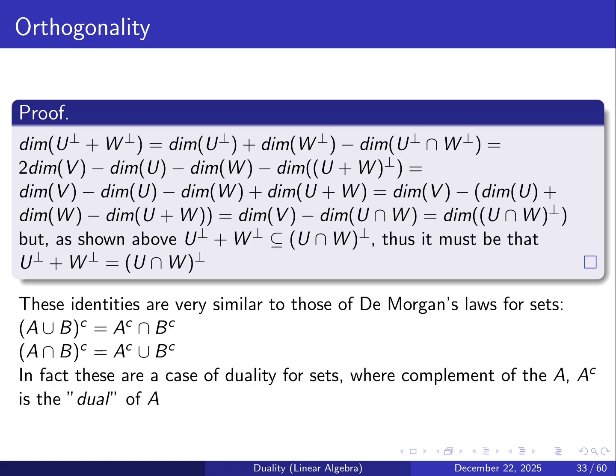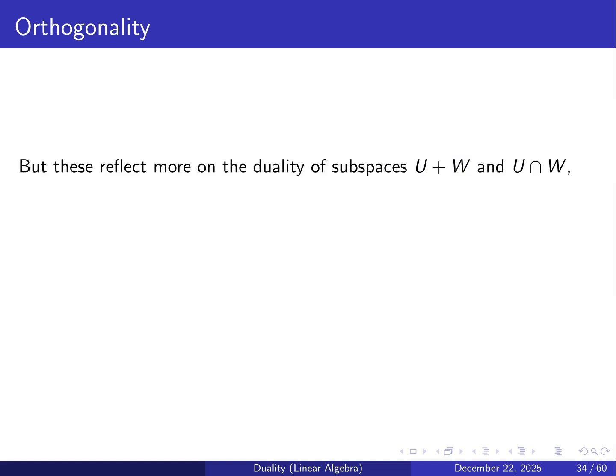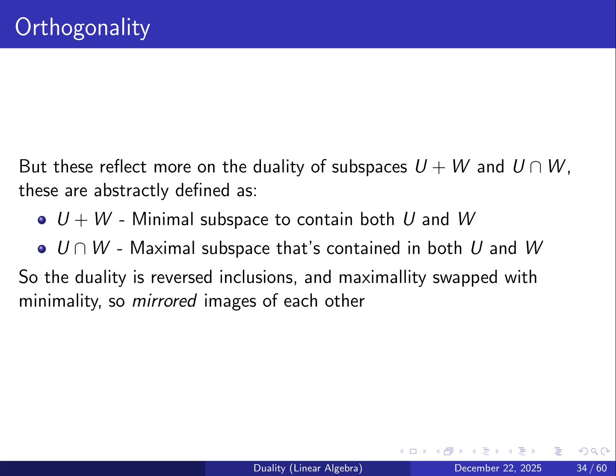In fact, these are a case of duality for sets, where the complement of A is the dual of A. But these reflect more on the duality of subspaces U plus W and U intersection W. Abstractly defined, U plus W is the minimal subspace to contain both U and W, and U intersection W is abstractly defined as the maximal subspace that's contained in both U and W. So the duality is reversed inclusions, and maximality is swapped with minimality, so they are mirrored images of each other.